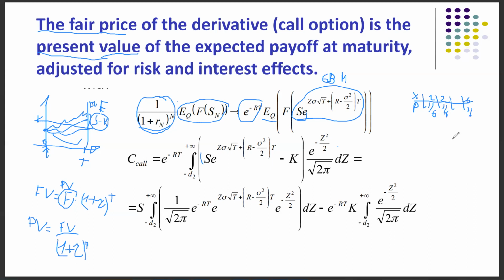Lisa, please say. We need to take each value, multiply by its probability, and sum up all the values. Yes, so it is the sum of these products: 1 multiplied by 1/6, plus 2 times 1/6, and so on. That is the discrete case.